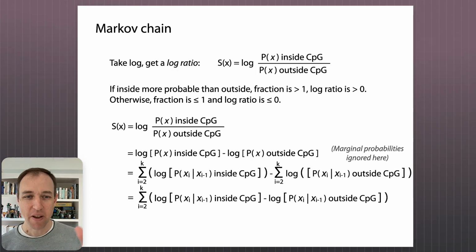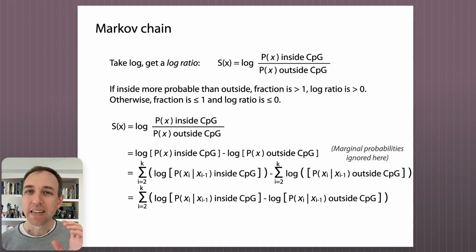So this is just a refactoring of what was on the previous line. So I can sum from i equals 2 up to k the log of the conditional probability under the inside model minus the log of the conditional probability under the outside model. And in this way, this score, S of x, ends up being computed as a sum of log ratios of conditional probabilities. So now we have a sum of log ratios.